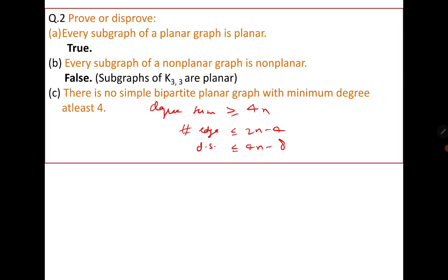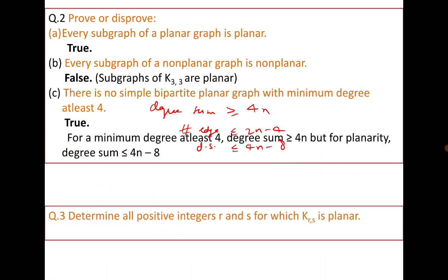So if we assume that there exists a simple bipartite graph with minimum degree at least 4, we reach a contradiction, because in that case the degree sum is greater than or equal to 4n, but for a planar bipartite graph the degree sum should be less than or equal to 4n minus 8, and therefore the result is true.